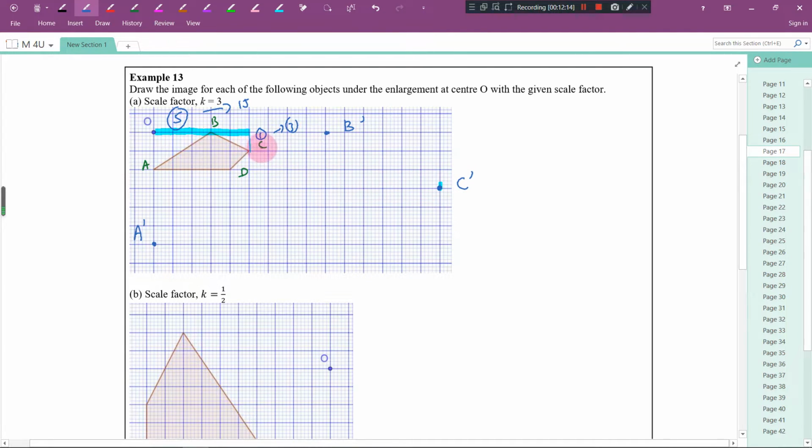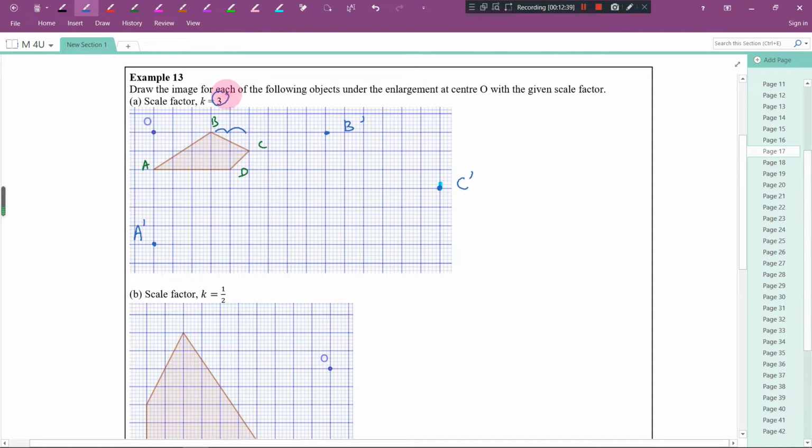So actually you don't have to calculate this way. Some students might feel this will take a longer time, every time we need to start from the center. Another method is using this way. We will get the same answer as well. For example, from here to here, this is 1, 2, right?